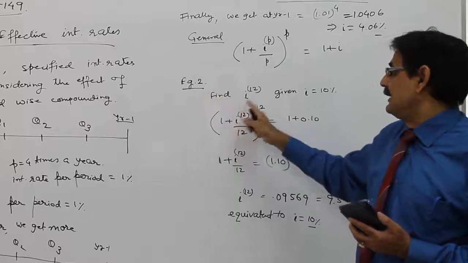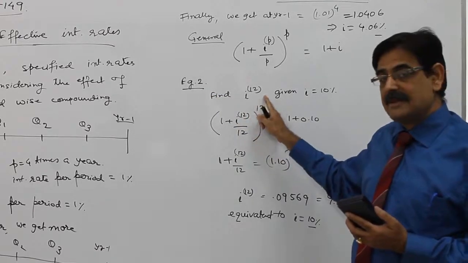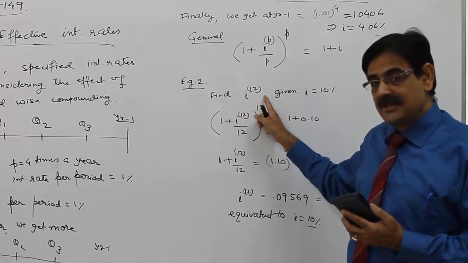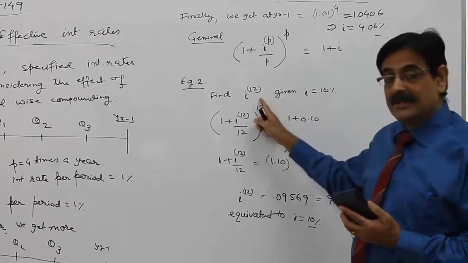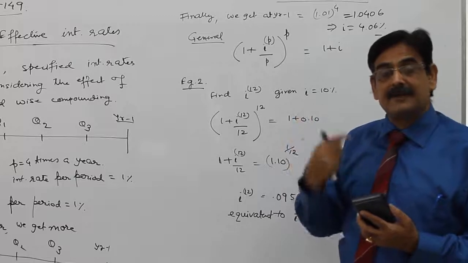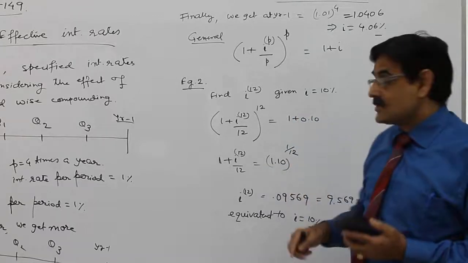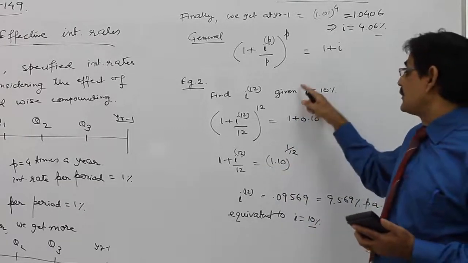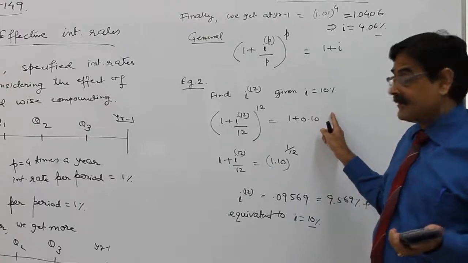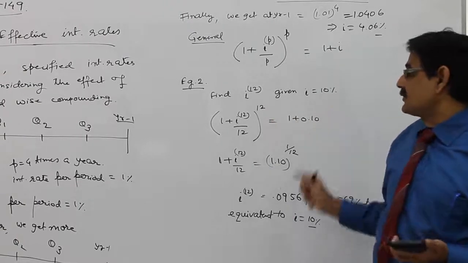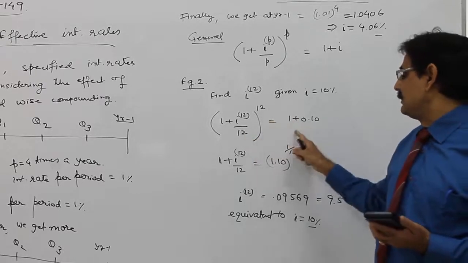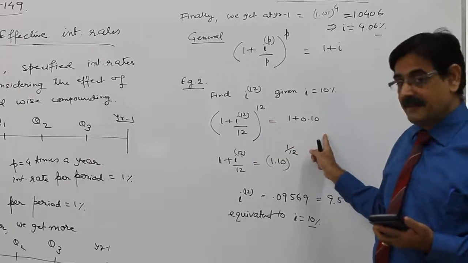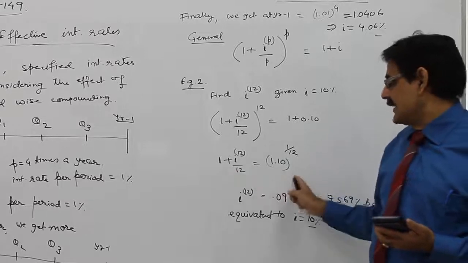Example 2: find I(12). I(12) means we are compounding 12 times a year, but I(12) is computed without considering the effect of compounding. Here in this question, the compounding effect is already considered in I. So the formula goes very simply: (1 + I(12)/12) raised to the power 12 is 1 + I, where I is the effective interest rate.